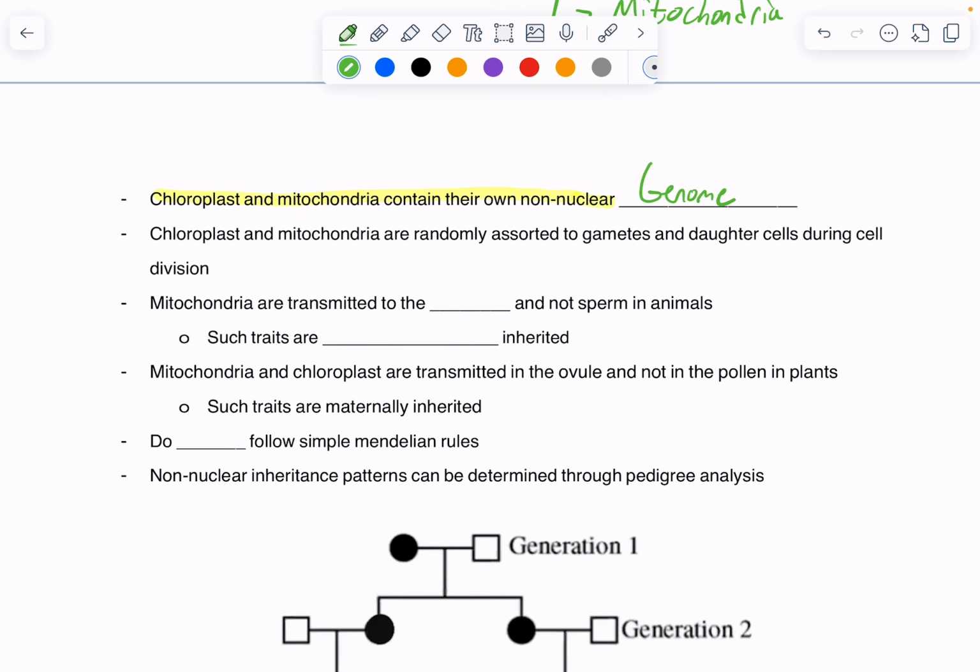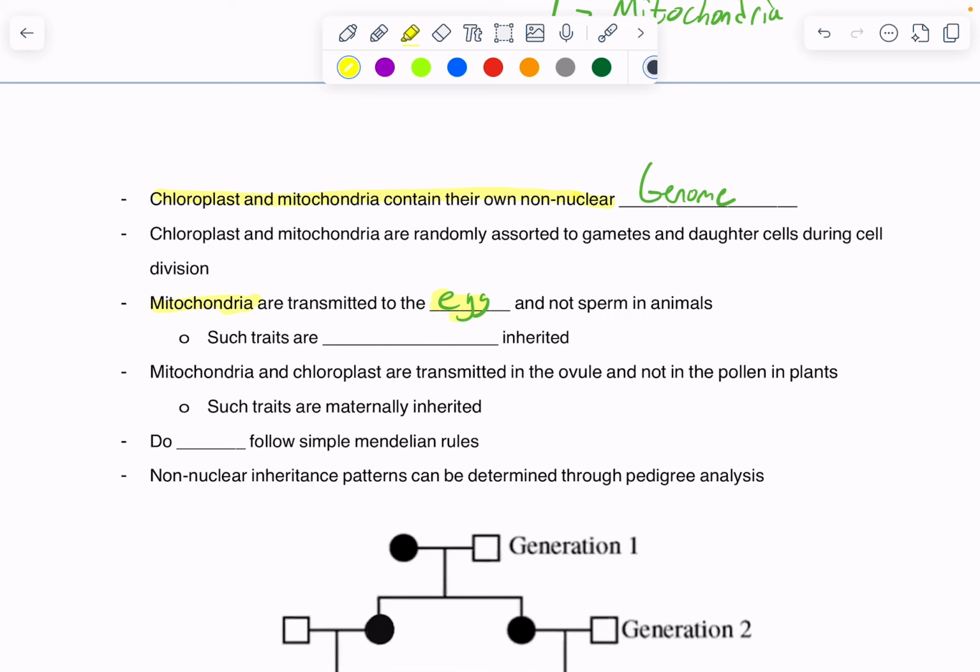Egg cells, as we'll see, are much larger than sperm cells. The egg cell is what's going to hold all of the organelles and all of the material that the eventual zygote will need to start dividing and becoming an embryo. Mitochondria are transmitted to the egg and not the sperm in animal cells.